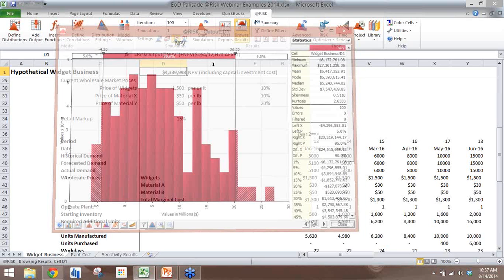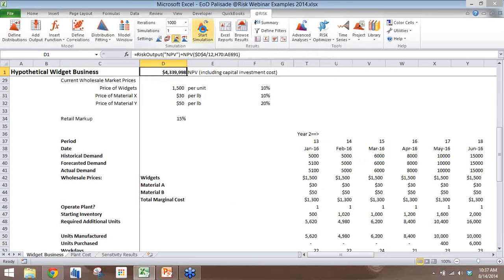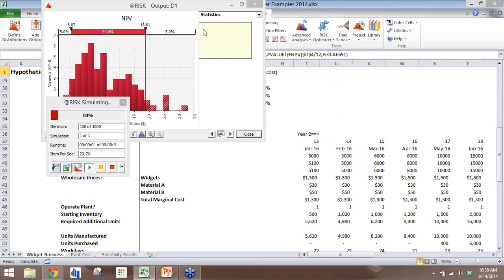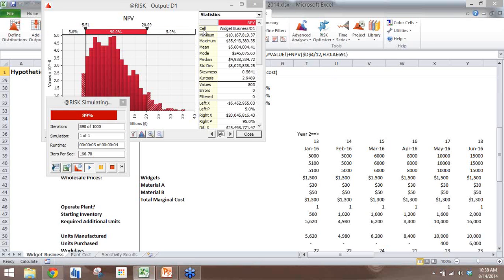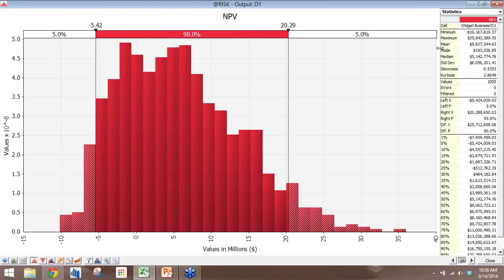So I'm going to clean that up a little bit. Let's specify 1,000 iterations, and we'll get a smoother distribution. So you can now see that nice distribution here. The mean of our simulated model, if you recall before, we had a deterministic mean of $4.3 million. The actual mean of the simulated model is 5.8 million, which is obviously a significant difference.